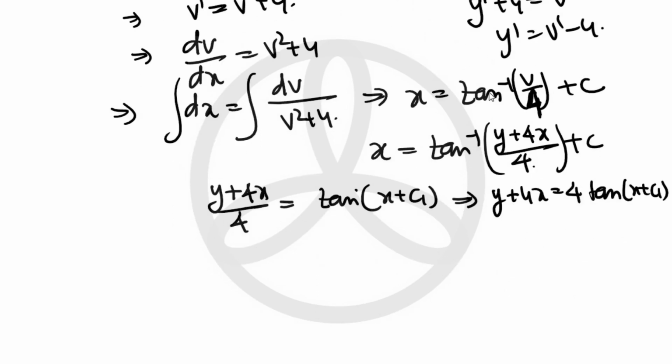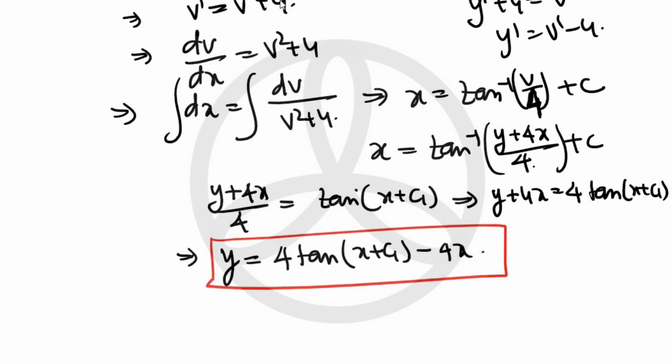So our answer could be y is equal to 4 tan of (x plus c1) minus 4x, okay. This will be our answer for question number 8.